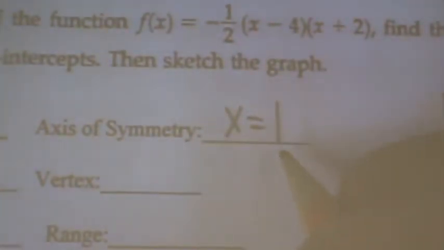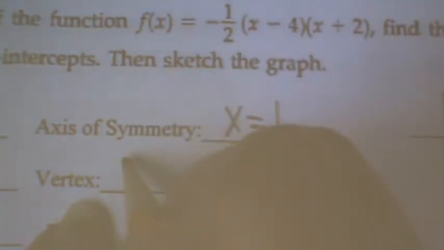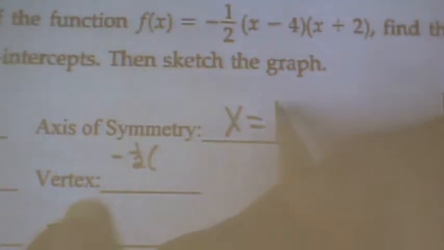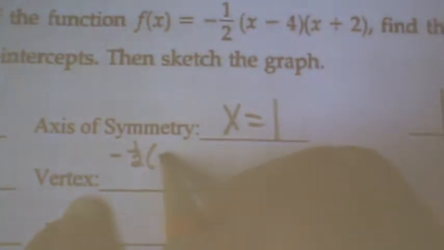You know that the vertex lies right on this line. We have to do something with 1. What do you think you do with 1? Plug it in. So it's -1/2 times, you're going to do 1 minus 4, which is -3, and then what's 1 plus 2?